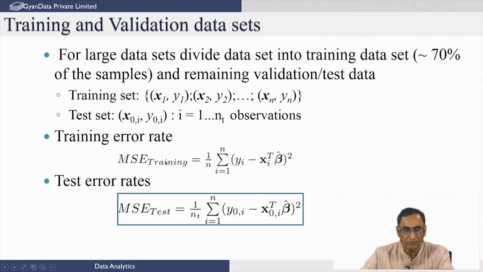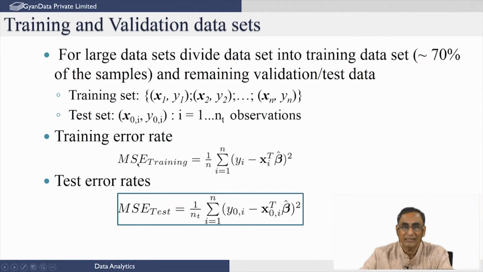Now, you can define the mean squared error in the training set after building the model. This is nothing but the difference between the measured, observed value of the dependent variable and the predicted value after you estimate the parameters, let us say using least squares regression. This is the prediction error on the training data, squared over all the samples and averaged. That is the mean squared error that we have seen before.